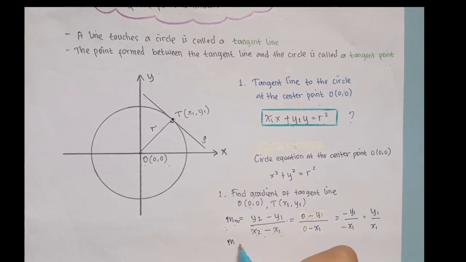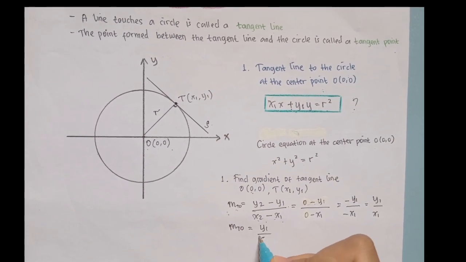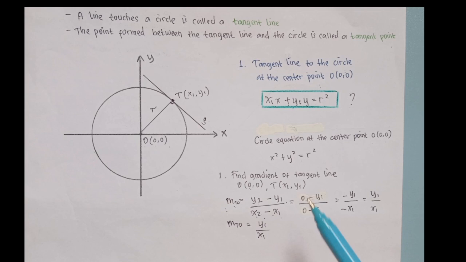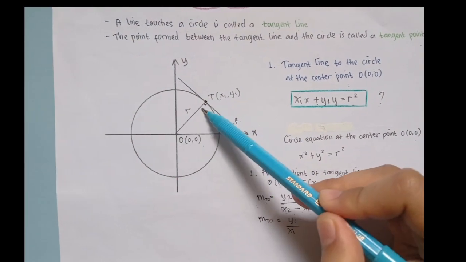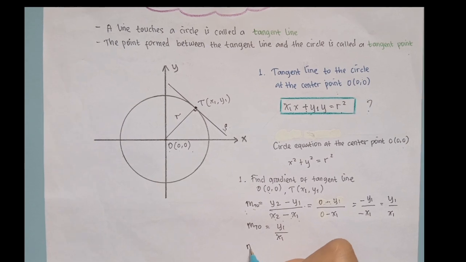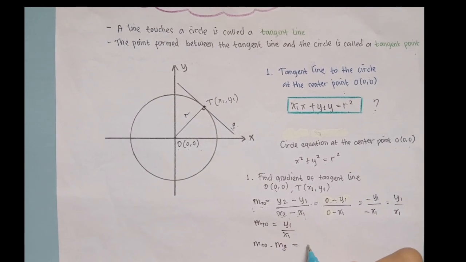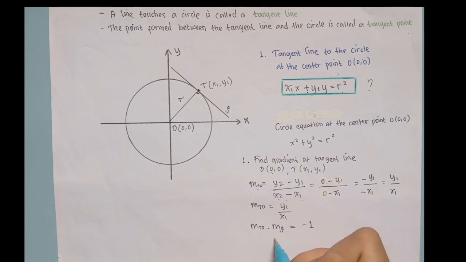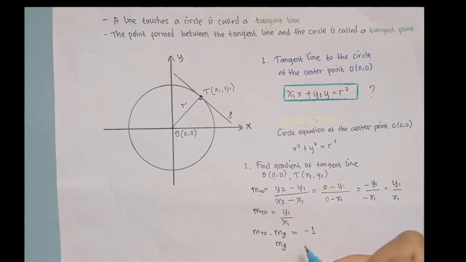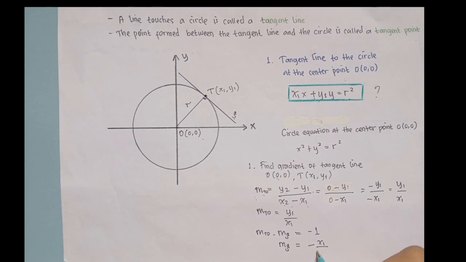So we find the gradient of TO is y1 over x1. We know the line TO is perpendicular to line g. So if perpendicular, the gradient m_TO times the gradient of line g is minus 1. So we can find the gradient m_g is minus x1 over y1.